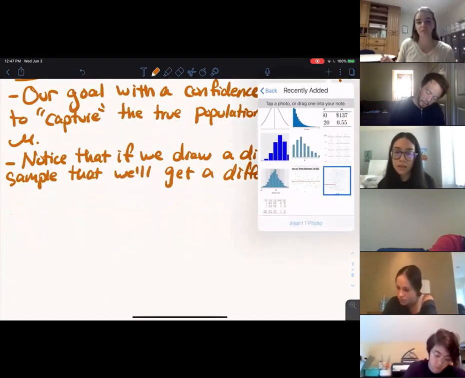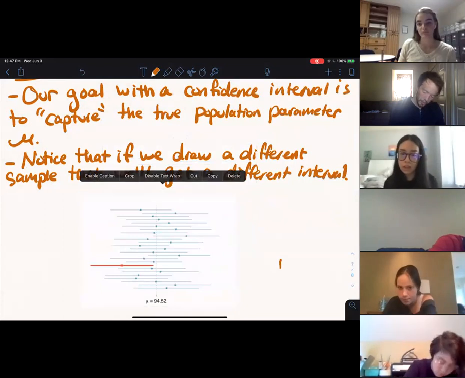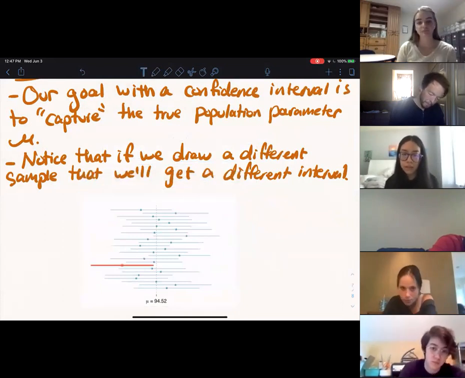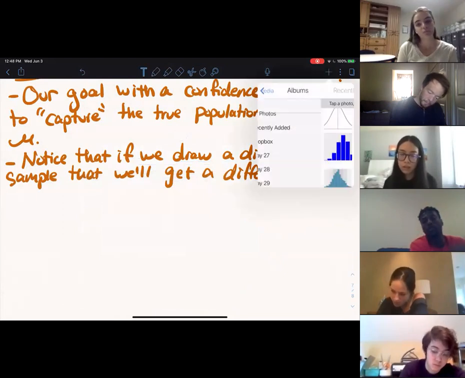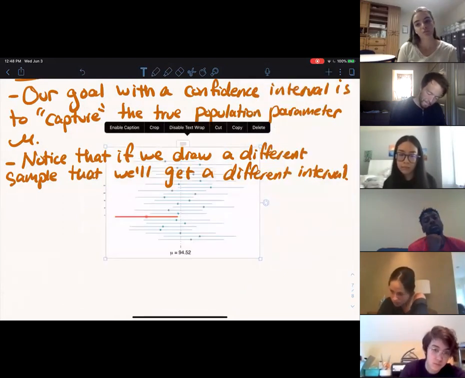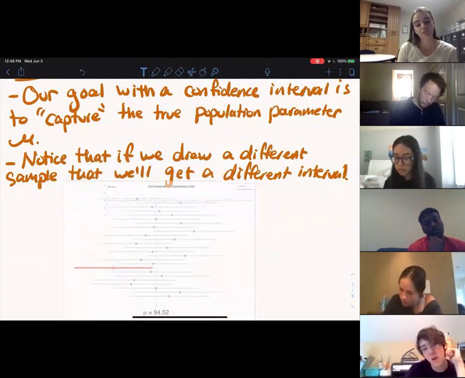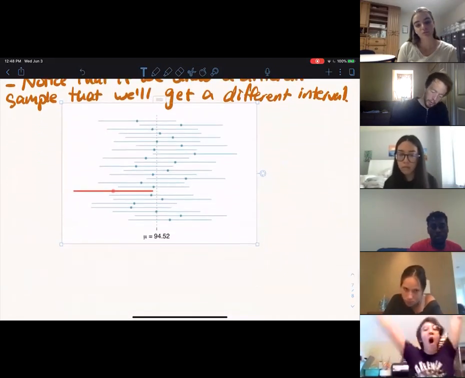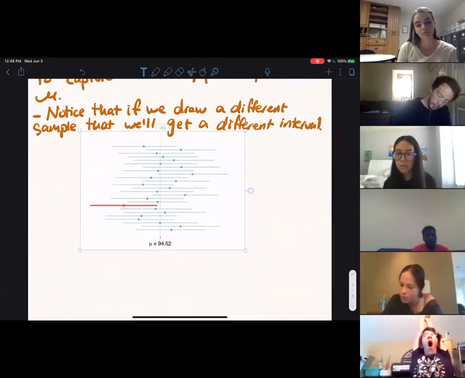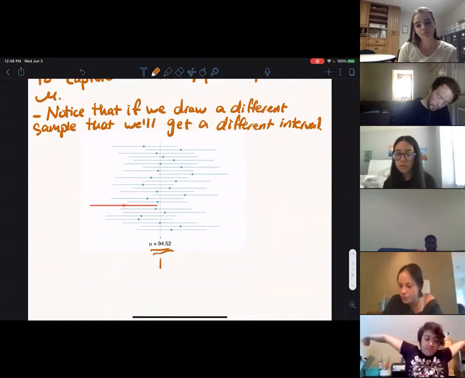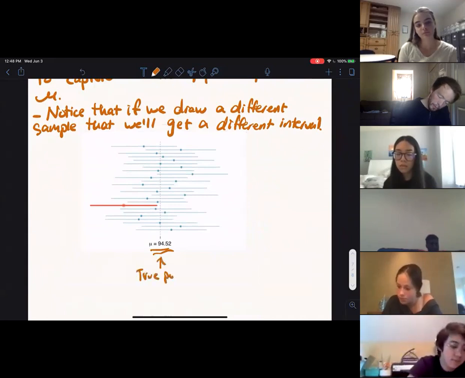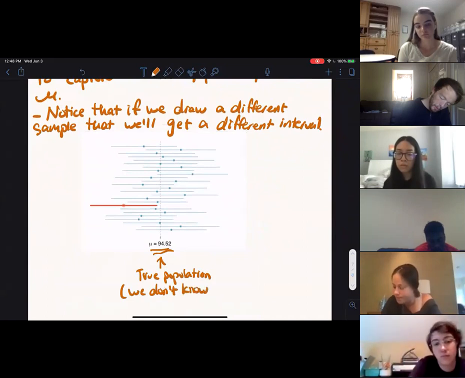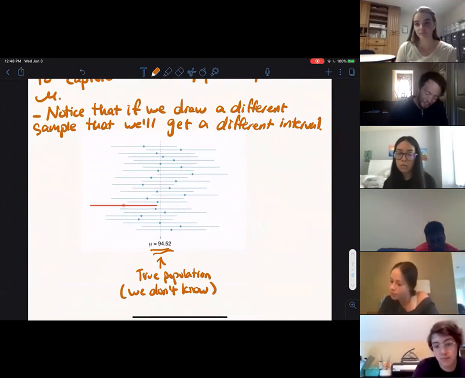And I have a picture for this. So this is our true population mu down here, which we don't know. Or at least we say we didn't know when we made the intervals. I'm doing an example, so I'm just telling you the truth is right here.